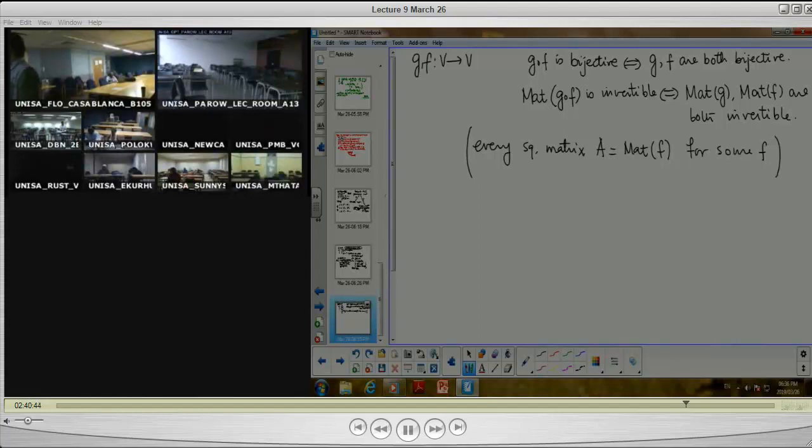So that's the big tool that I am using. So every matrix is actually the matrix of some F for a unique F. And hence the first two lines are therefore equivalent. That's the whole story.